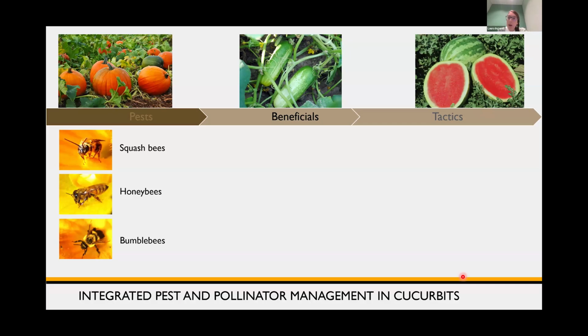If we're talking about pumpkins here, we have a fairly simple community of bees that really are responsible for and contribute to pumpkin pollination. This is the squash bee, honeybees, and bumblebees.